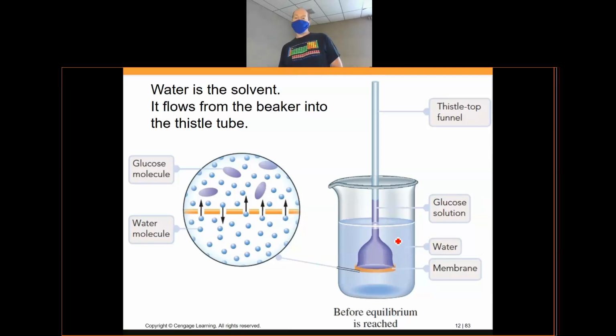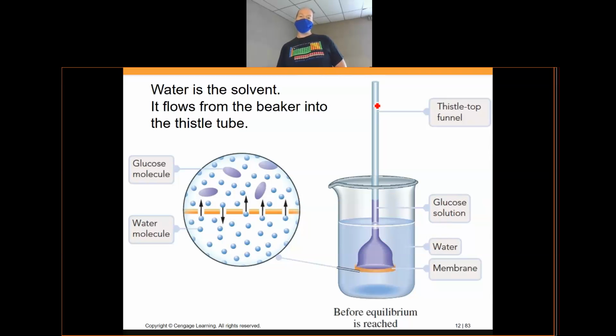Well, since the concentration of the glucose in the water is 0, we didn't put any glucose in the water, the water is going into this thistle tube where the concentration is high. You add more water and you dilute it, which means your concentration is going to go down until you have equal concentrations. This will never have equal concentrations, so this would go on forever, but that's not true either.